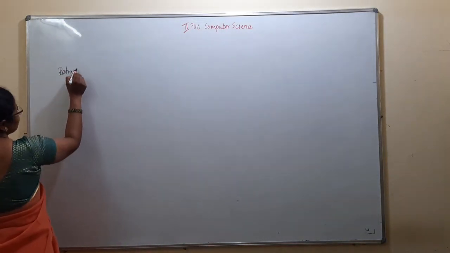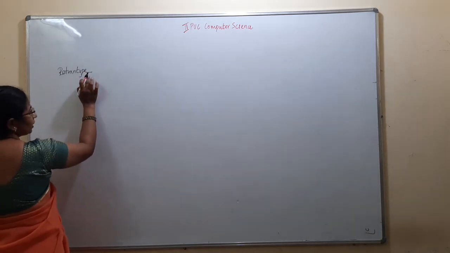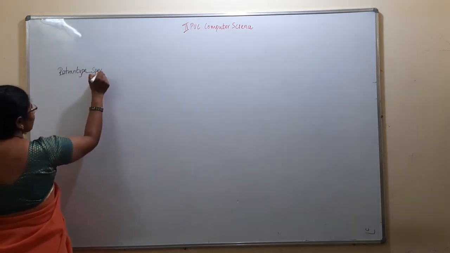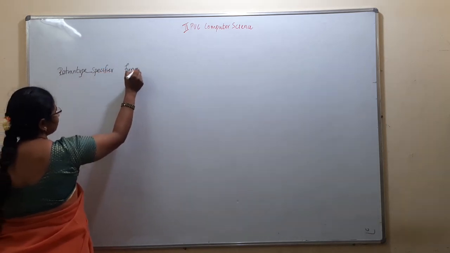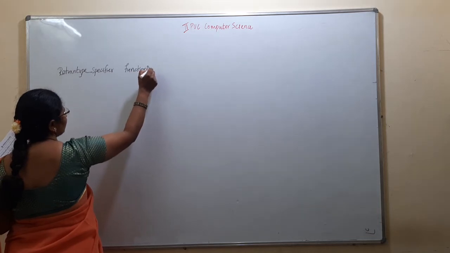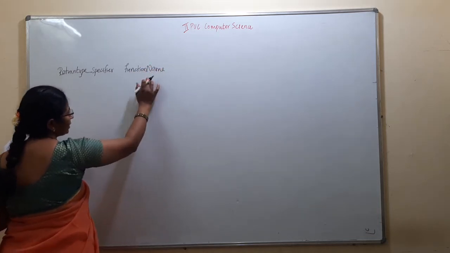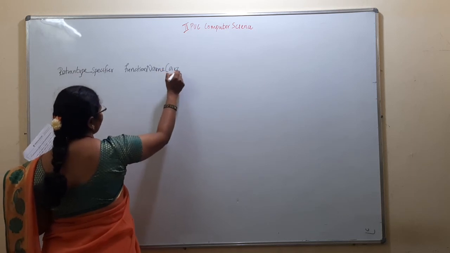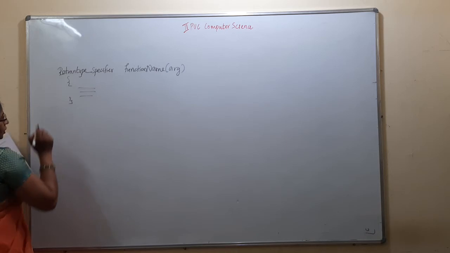Return type, scope resolution operator, not a space, specifier, function name. You can give the scope resolution underscore or not a space, argument, body of the function.